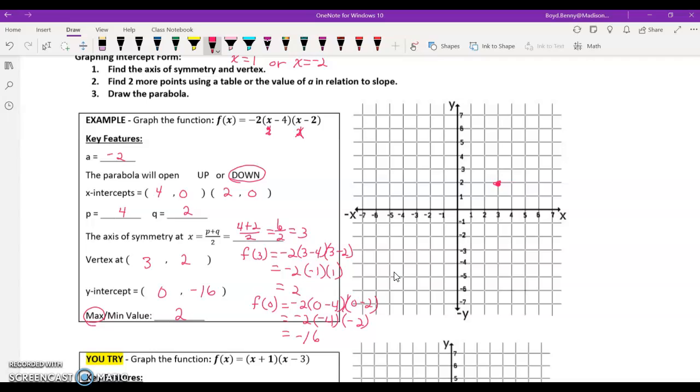So let's see, how can I place some other points on here? Well, I do have my x-intercepts. So I've got 4, 0, and 2, 0. And then also I can use my a equals negative 2 in my parent function to find another couple of points. So y equals negative 2 x squared is my parent function. So if I go out 2 spaces to the left or right, negative 2 times 2 squared, that would be negative 2 times 4.